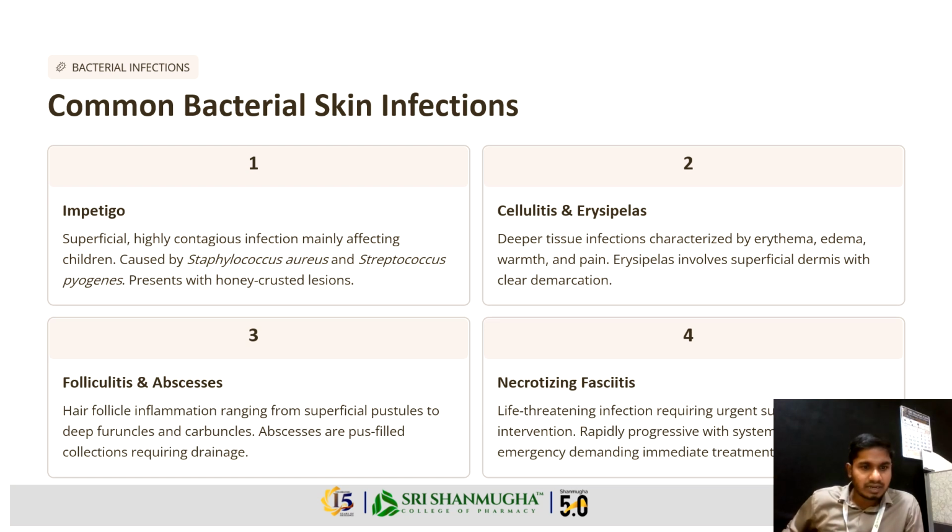Abscesses are pus collections with recurring drainage. And necrotizing fasciitis is a life-threatening infection. Life-threatening means it can cause death. So these are the common bacterial skin infections: impetigo, cellulitis and erysipelas, folliculitis and abscesses, and necrotizing fasciitis.